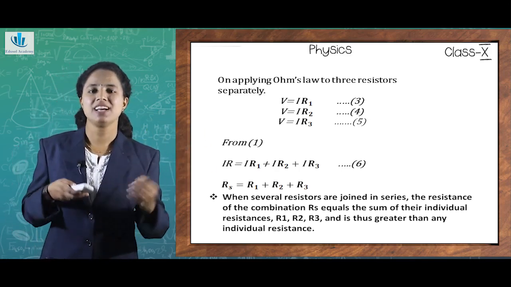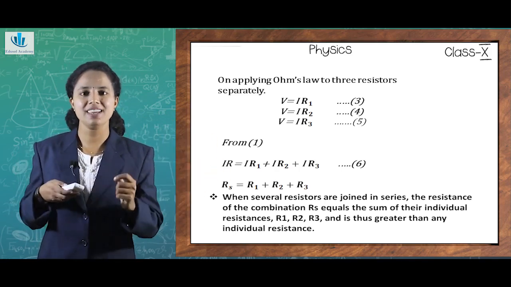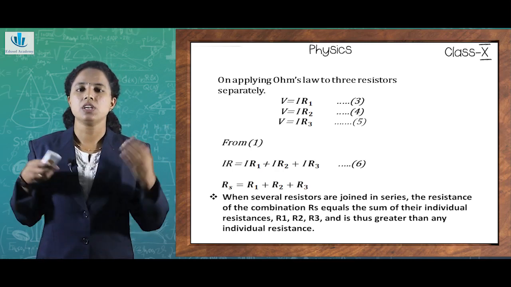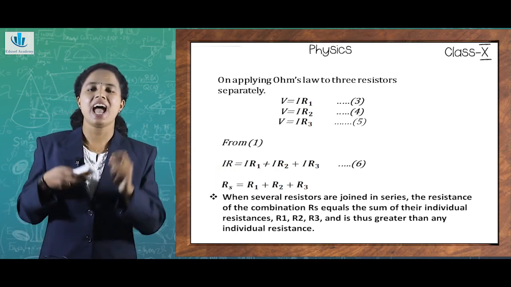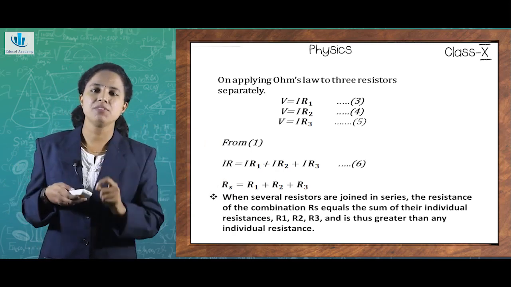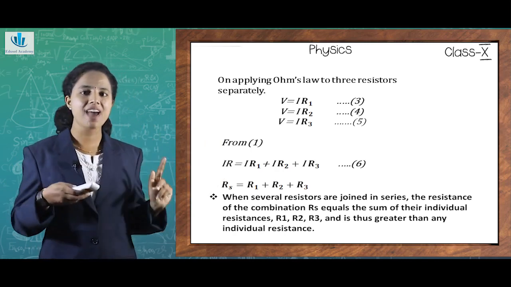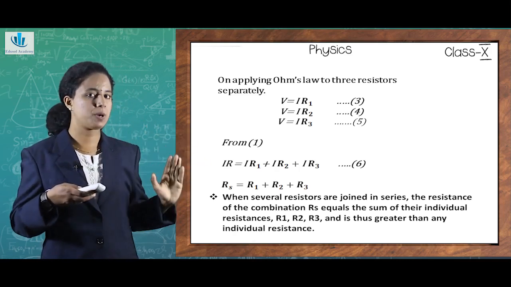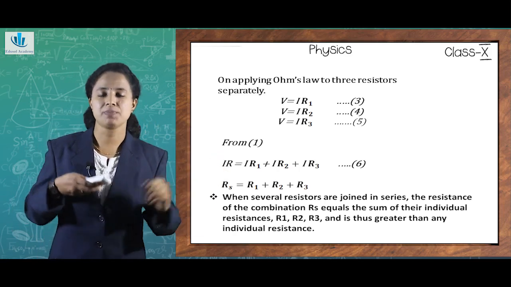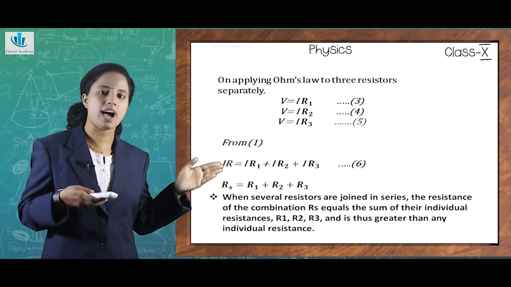Taking I as the common component, you can see I cancels on the left and right hand sides, and I get the effective resistance in a series circuit, R as the sum of R1 plus R2 plus R3. So Rs equals R1 plus R2 plus R3.